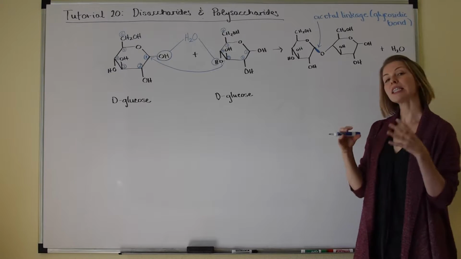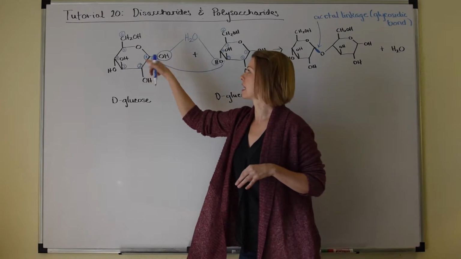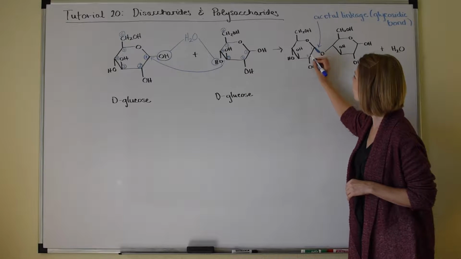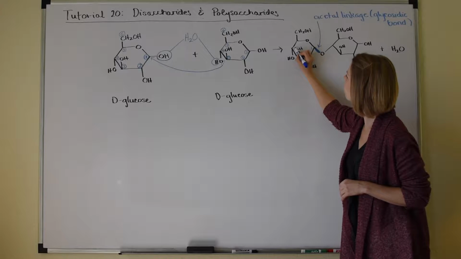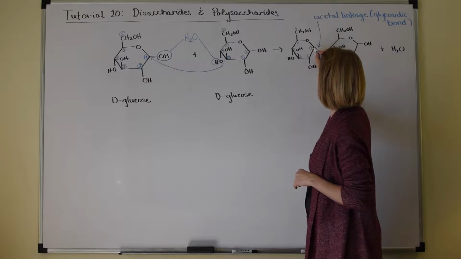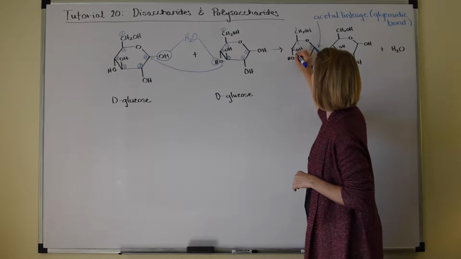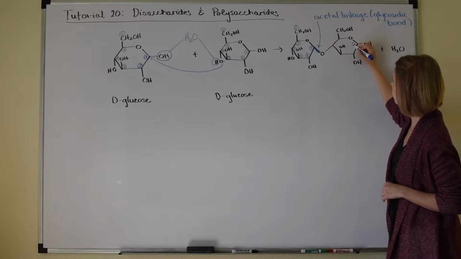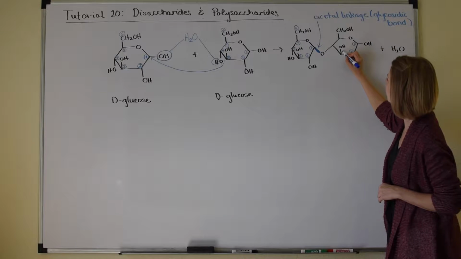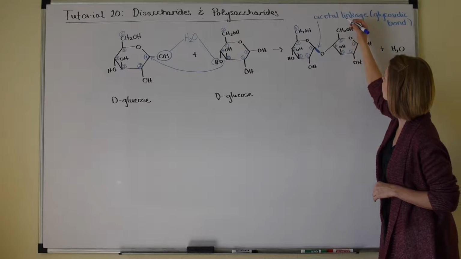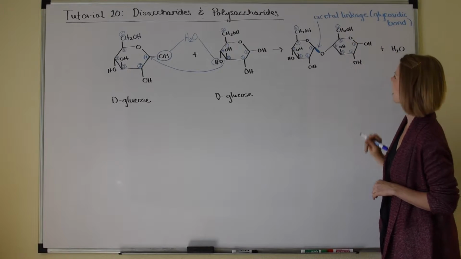Okay. Now let's go back and put these numbers in. Okay. So we had carbon 1, 2, 3, 4, 5, and 6. And I'll go ahead and circle those just to be consistent. Okay. Same thing over here. 1, 2, 3, 4, carbon 5, and carbon 6. Okay.